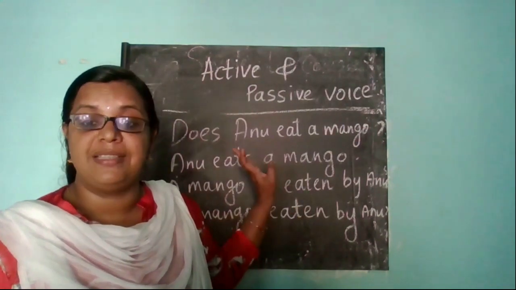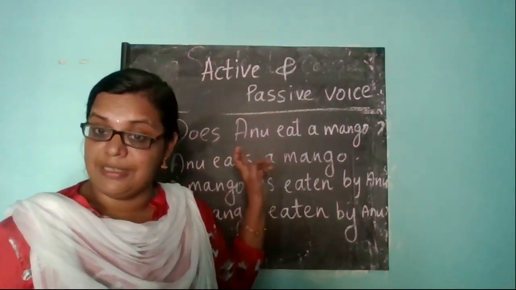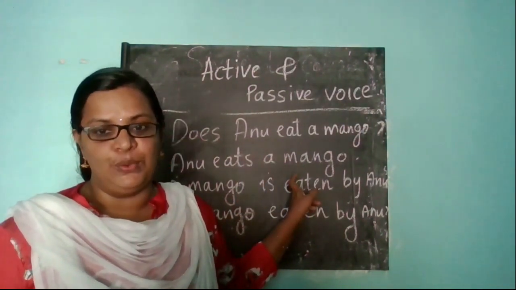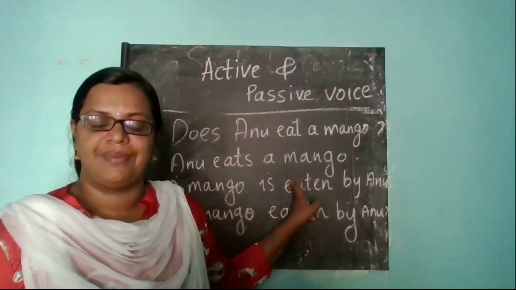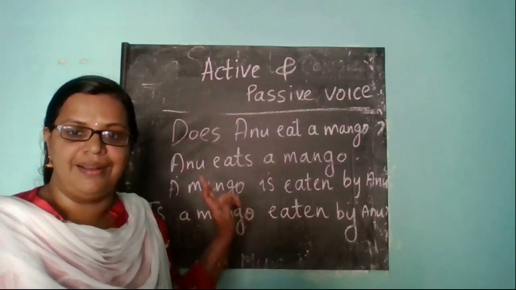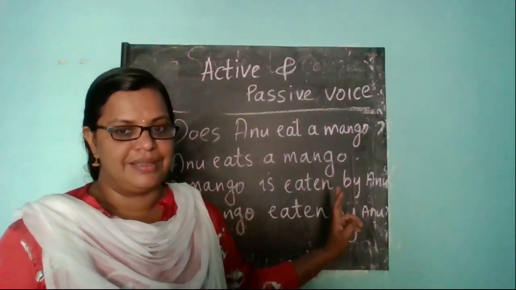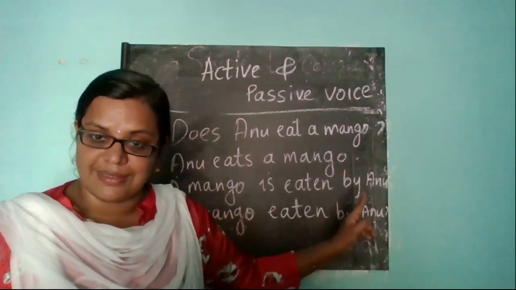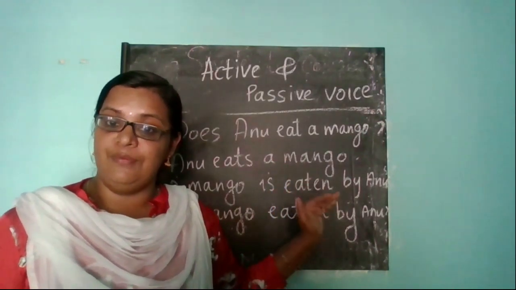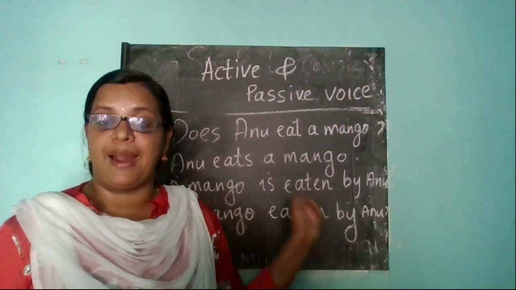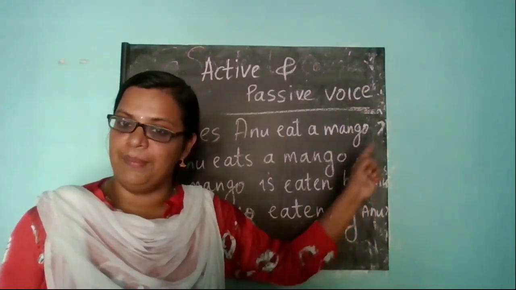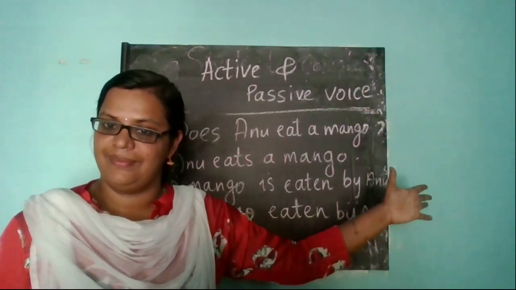Present tense. If the tense is present, you can use is, are or am. As the subject is singular, you can use is. A mango is. Then which is the V3 form of eat? Eaten. A mango is eaten by Anu.